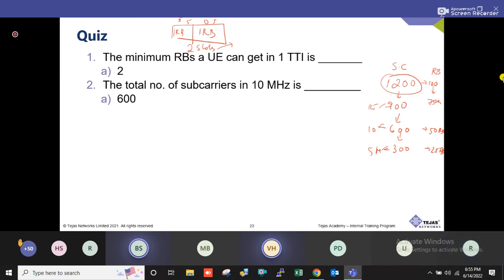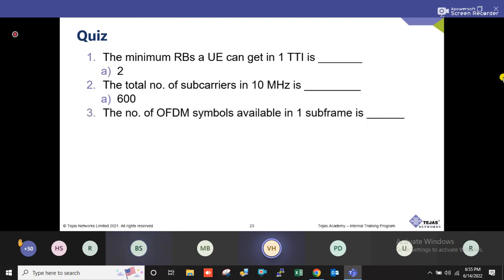No need to memorize it, but just remember the concept at least, so that it will be easier for you to understand all these things. The number of OFDM symbols in one subframe is?